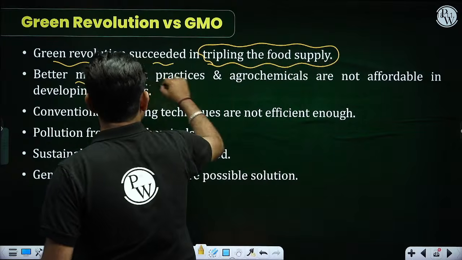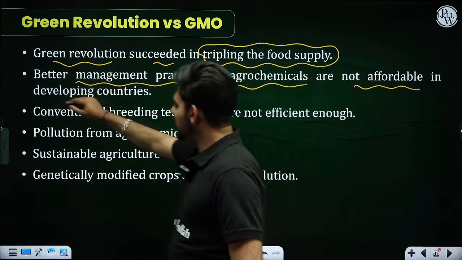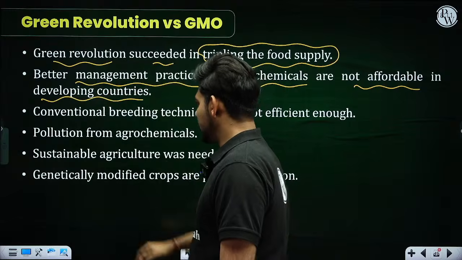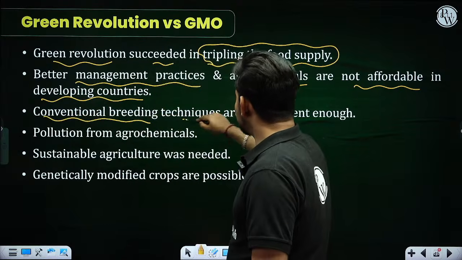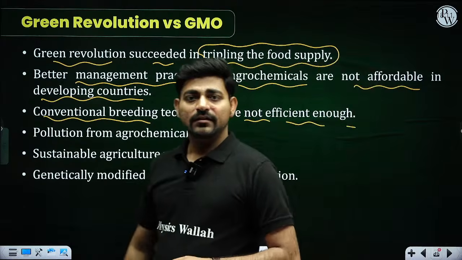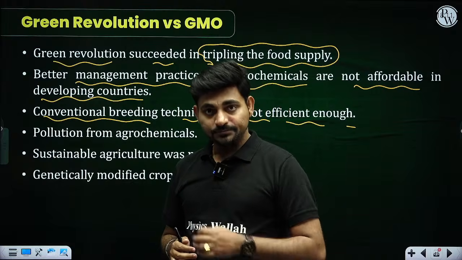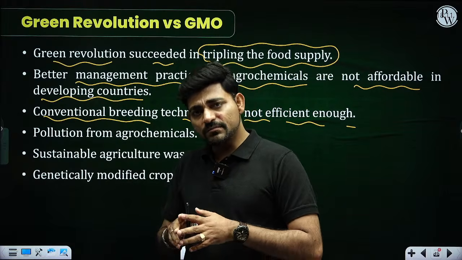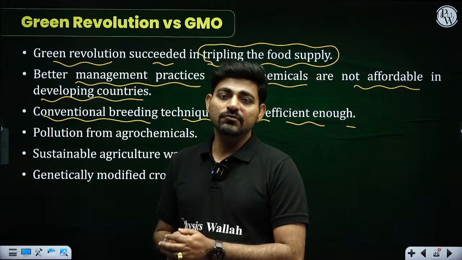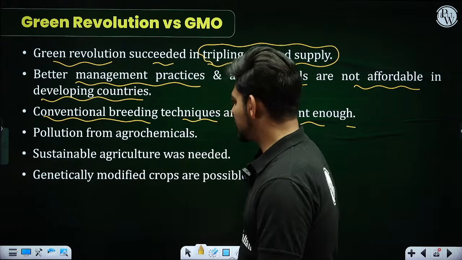Better management practices and agrochemicals are not affordable in developing countries. So, conventional breeding techniques are not efficient enough, as you know that the conventional hybridization technique will help you to get a superior variety, but along with good genes, bad genes are also inherited to the next progeny.